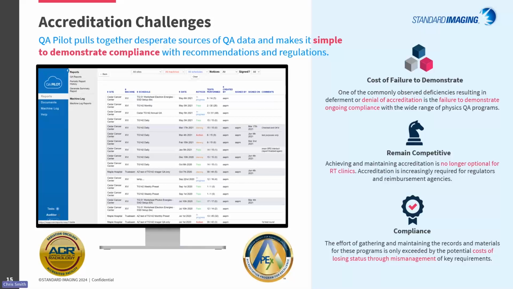And so we want to make sure that you're able to demonstrate that you're doing everything by AAPM standards or whatever standards you happen to be following at your clinic, or IAEA standards. So we just want to set up our platform and our system tailored to your needs and how you need to be able to prove that you're actually collecting the data and properly applying that to an accreditation process.